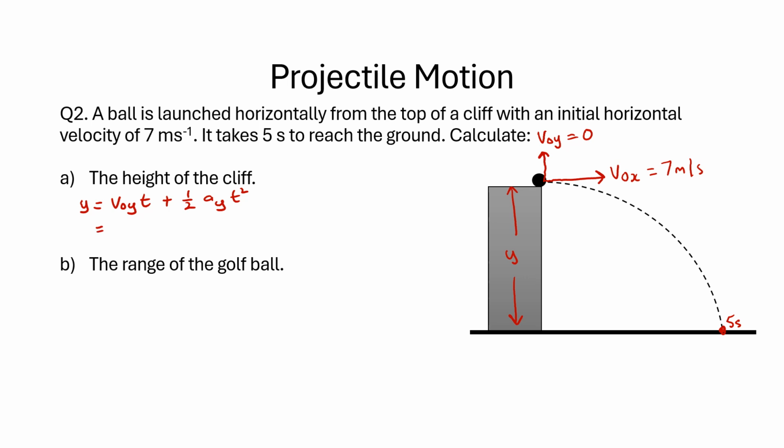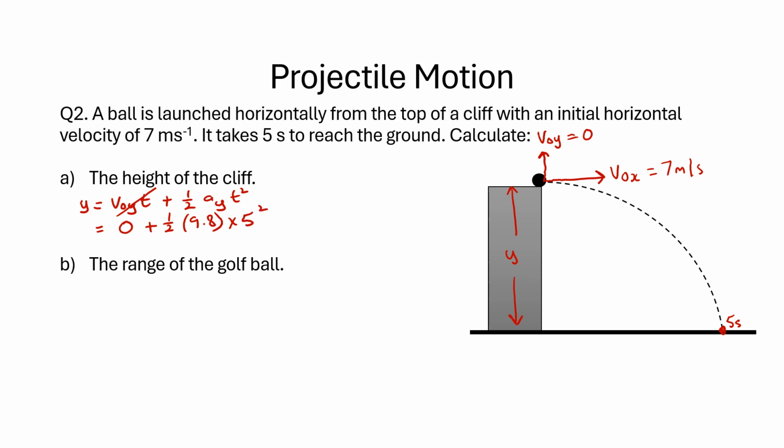So this equals v naught y times t. So we have here 0 plus half times ay, which is 9.8, times t squared. And in this case, what is the time? The time is 5 seconds. So times 5 squared.